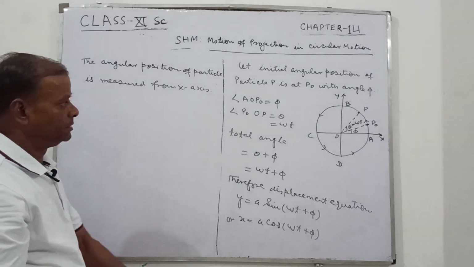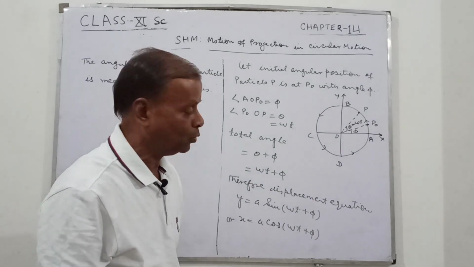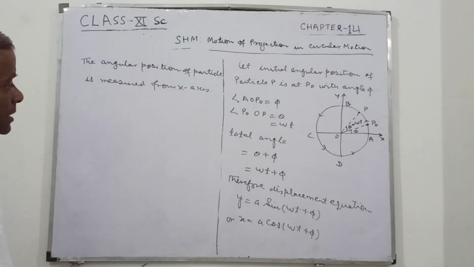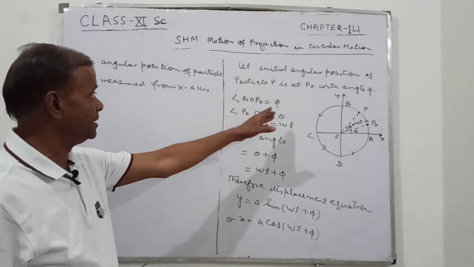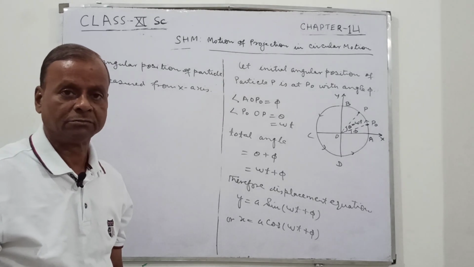Thus, this is the x-axis, this is the y-axis, this is the origin O. So we have the displacement equations, and this is the motion of projection in circular motion.